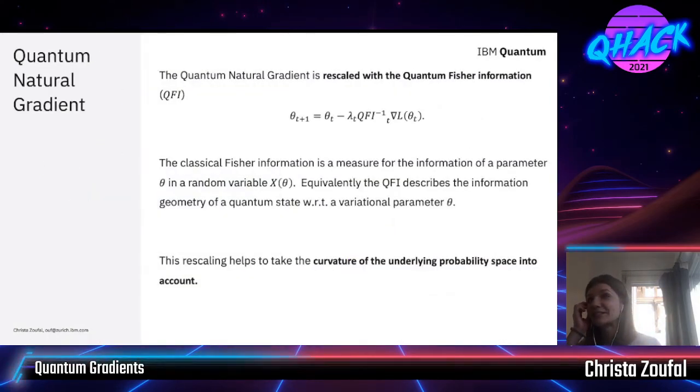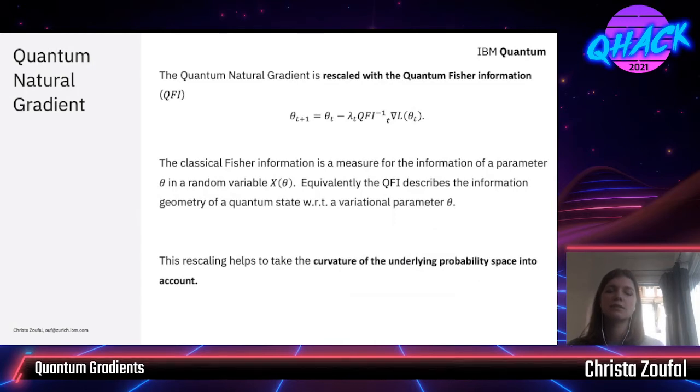Now, just to mention this, the quantum Fisher information is a very, very nice thing, which can help us to construct the quantum natural gradient. So the quantum natural gradient is basically a gradient that is, so to say, rescaled with the quantum Fisher information.